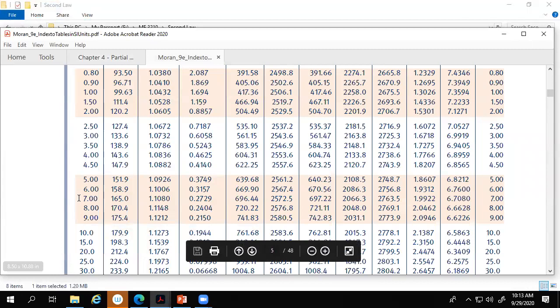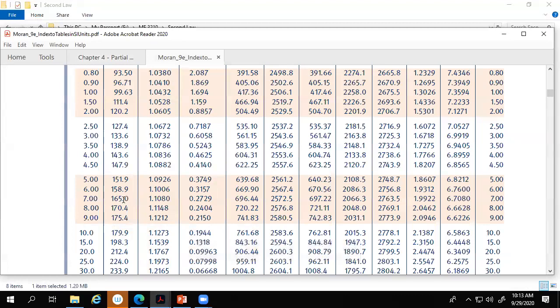But okay, so at 7 bar, the saturation temperature is 165. And now this is liquid. So should I use this same specific volume right here, because this is the liquid column? Do I use that one? This is below the saturation temperature.